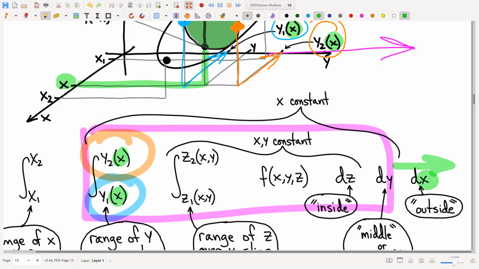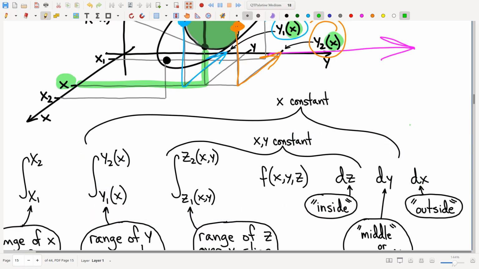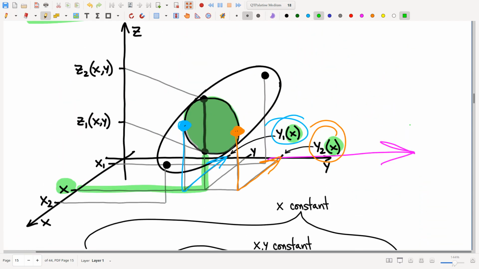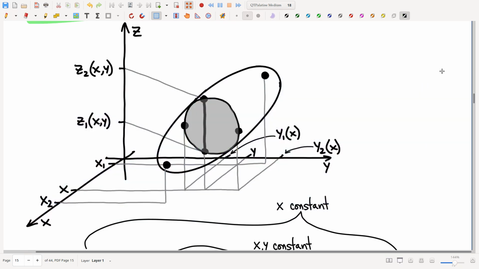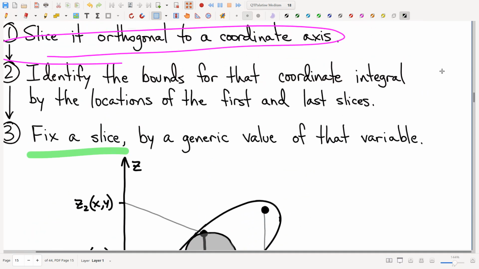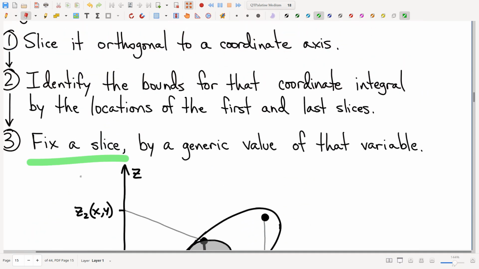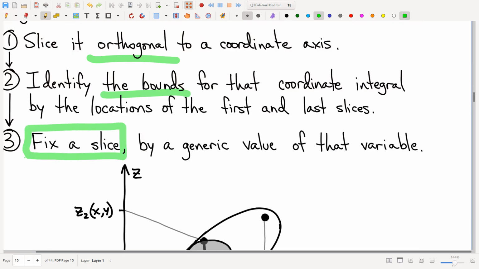All right, and then proceeding along, let me come up here and clean up my mess. Reminding ourselves of this process: we sliced orthogonal to the y-axis and found the bounds for the y integral. Now we have to fix a y slice, keeping in mind that we've already fixed x.